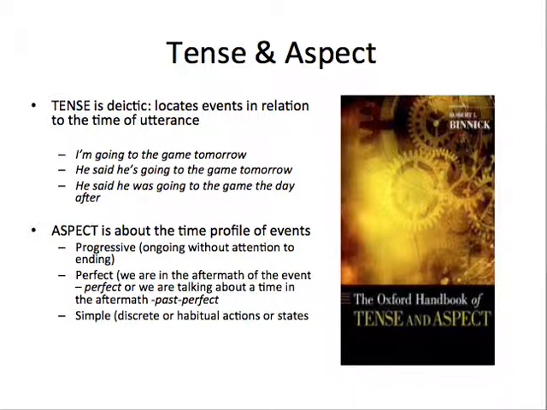So we can say, I'm going to the game tomorrow. In a sense, we don't really have a tense marker here, but we use going to indicate future action. And we know that the point of utterance is now, such that tomorrow is the future.